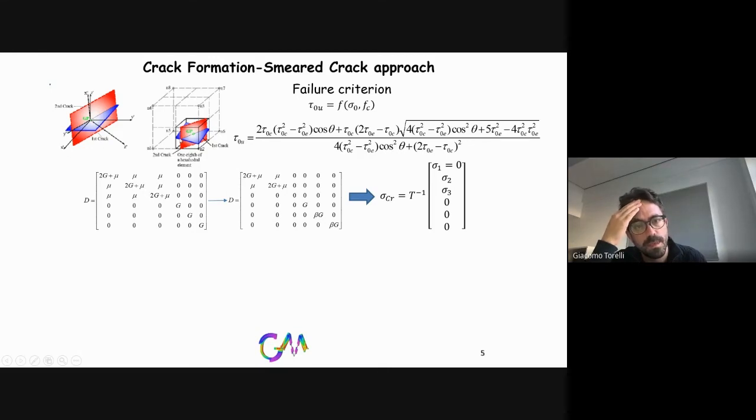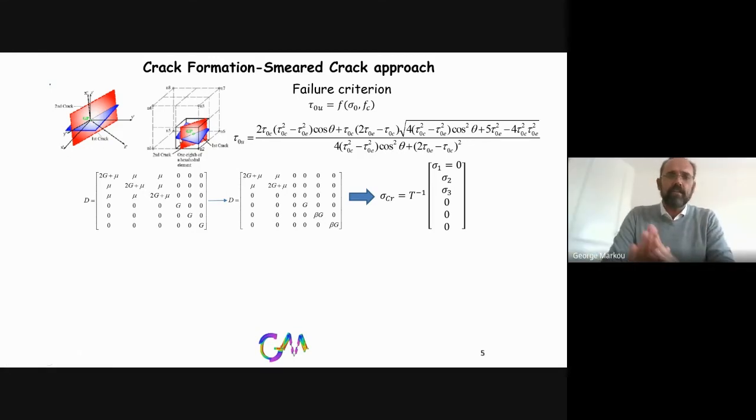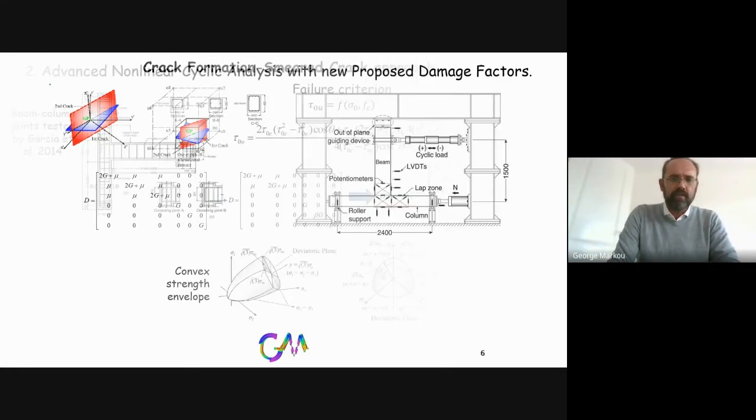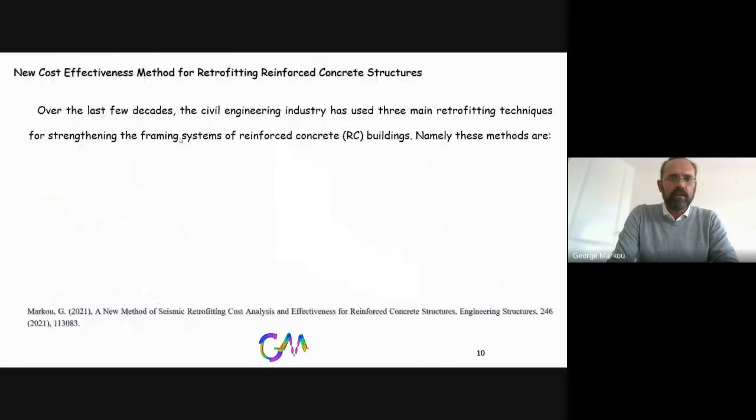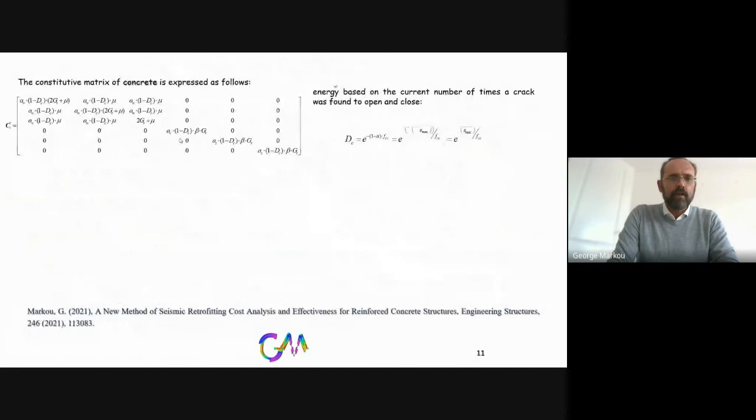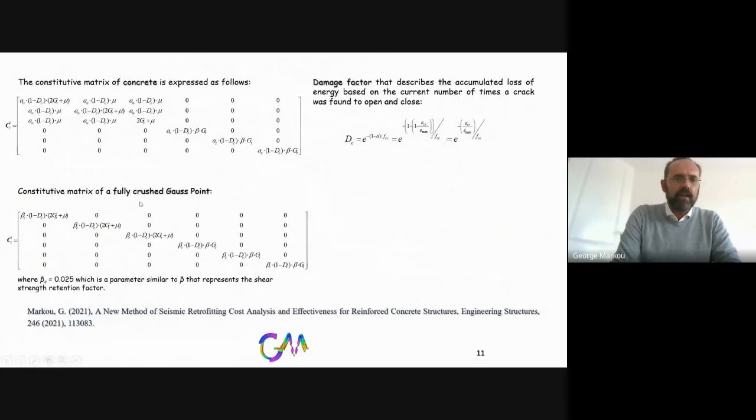If you have 3 cracks, then you say this is crushed, it means we lost it, and therefore we use this material constitutive matrix, where we have a remaining strength due to gravel interlocking and friction and so on. Therefore, we will not assume that this is completely 0, and that's it.